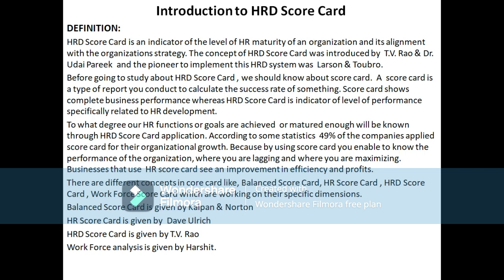And this HRD scorecard helps to measure, manage and improve the strategic role of the HR department. It measures the efficiency and at the same time effectiveness of producing employee behavior needed to achieve company's strategic goal. So all this is related to the HRD scorecard.